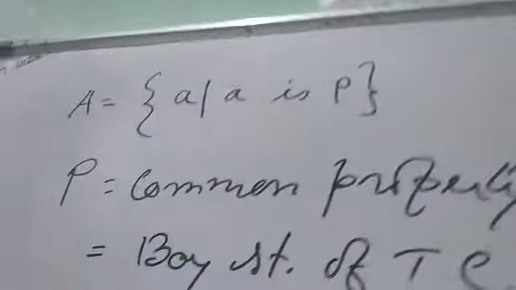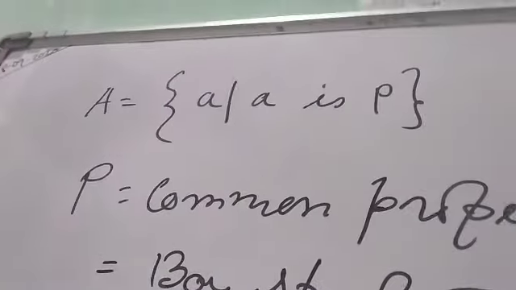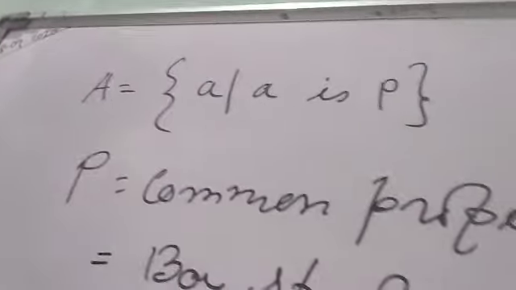So all the boy students of Tezpur College will be included in the set known as set A. So this is how we represent the set in case of a large number of elements or in case of an infinite number of elements.